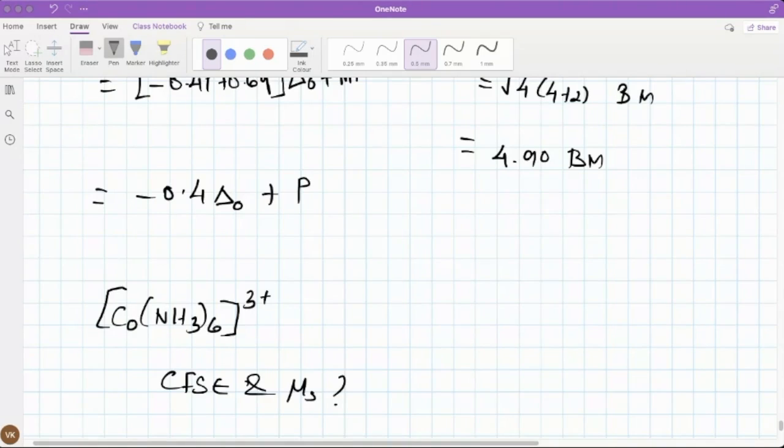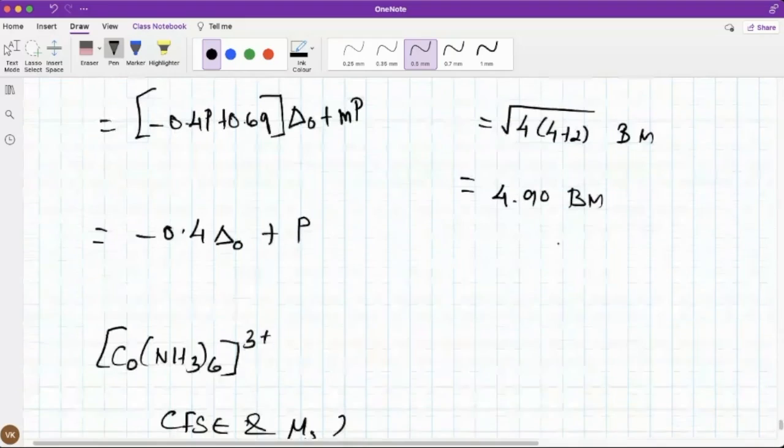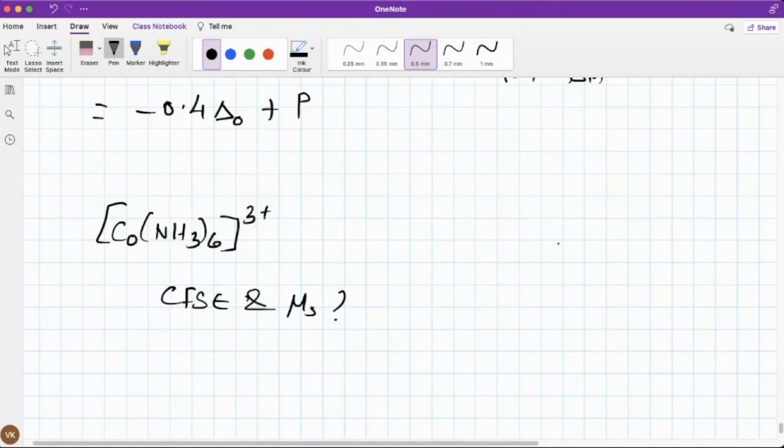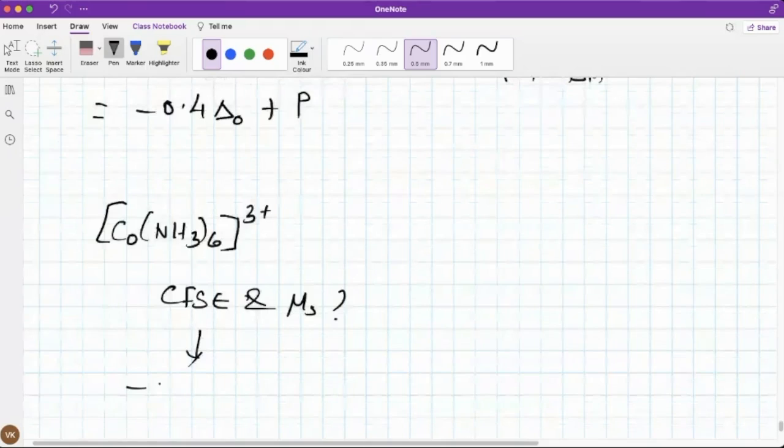Not 2P, 3P, right? Yes, sir, 3. So that is minus 2.4 delta naught plus 3P.